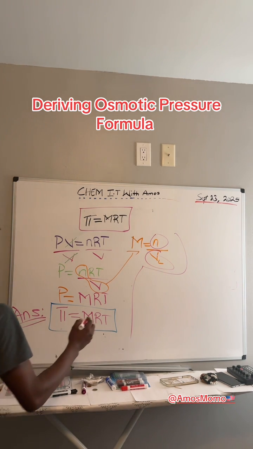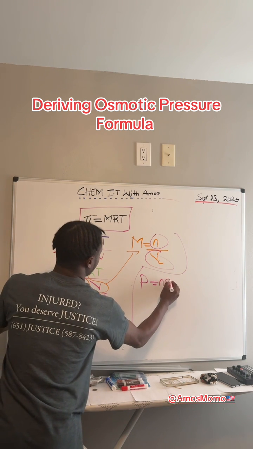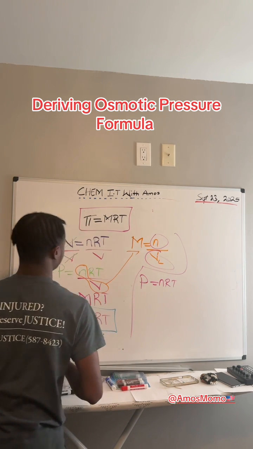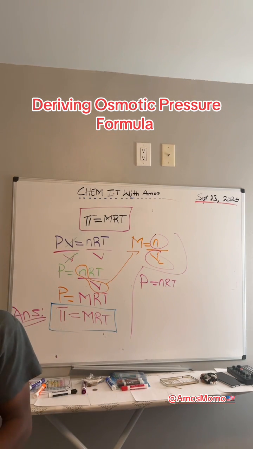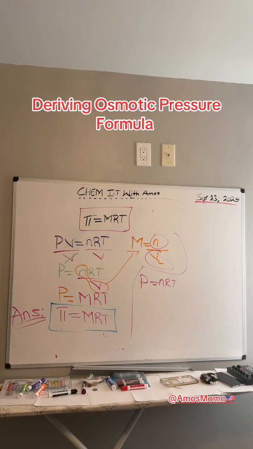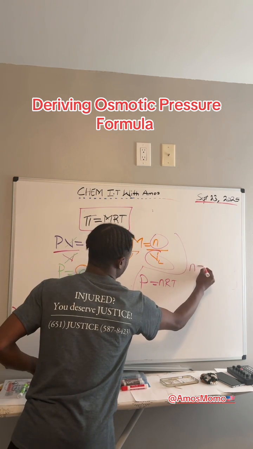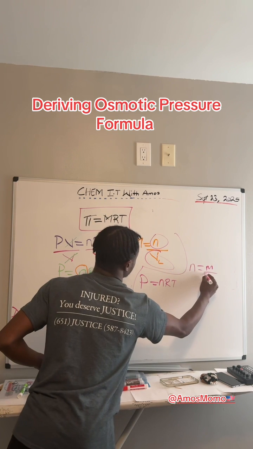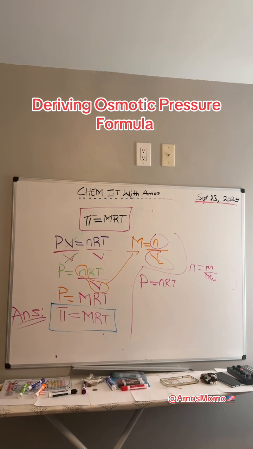So if we have PV is equal to nRT, this is mole. So what is the formula for mole? We can say mole, small n, is equal to mass over molar mass, or molecular weight, or formula weight.